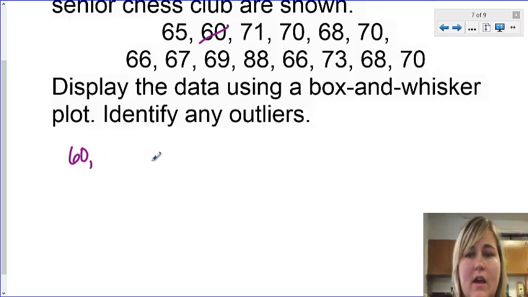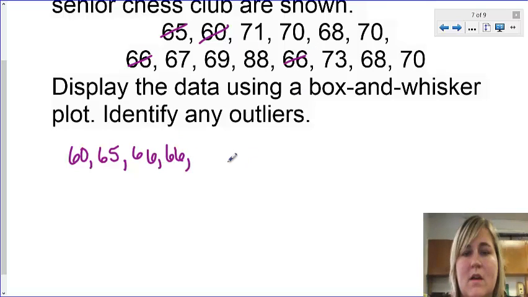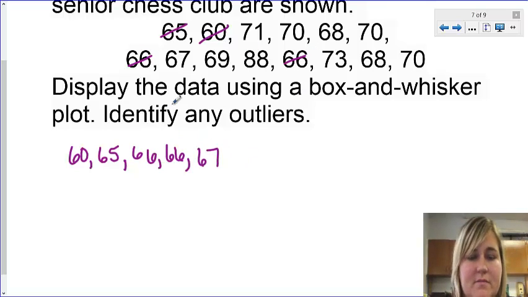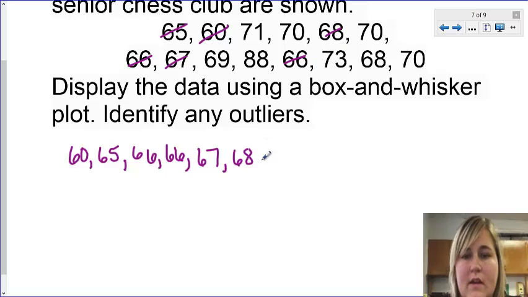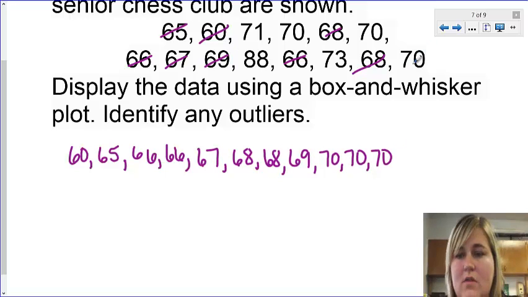Then I have 65, 2 66s, 67, 68, another 68, 69, 3 70s, 1, 2, 3, 71, and 88.